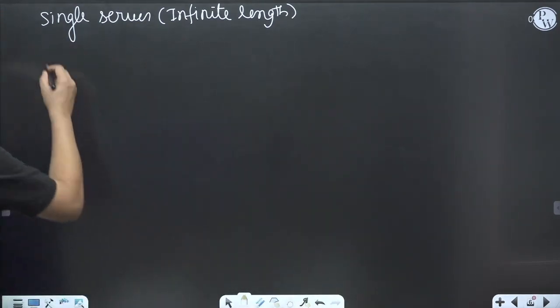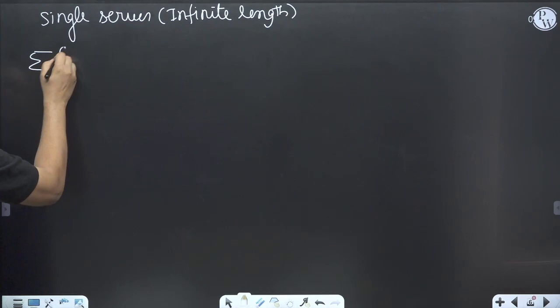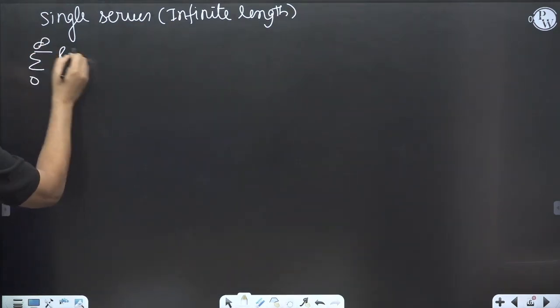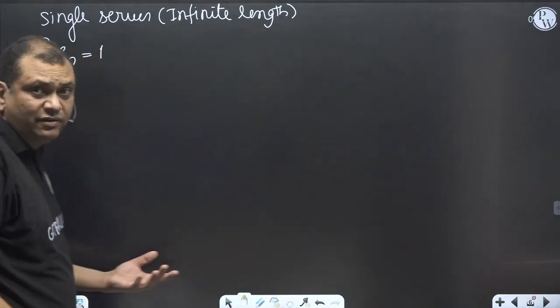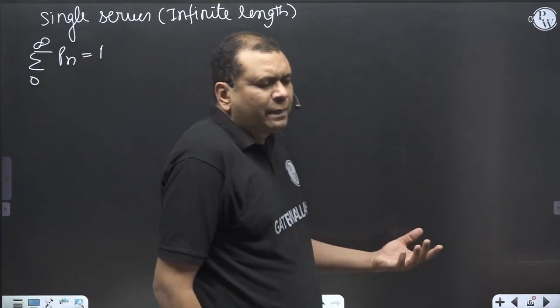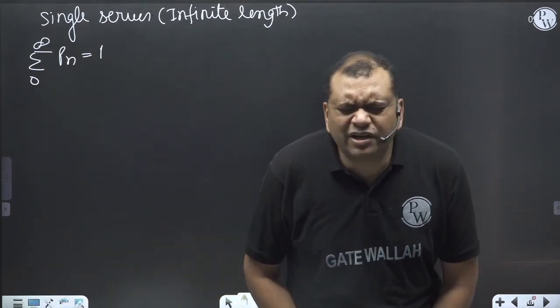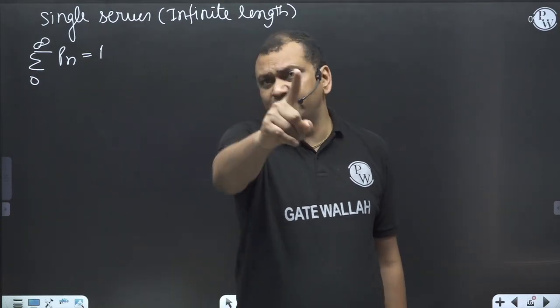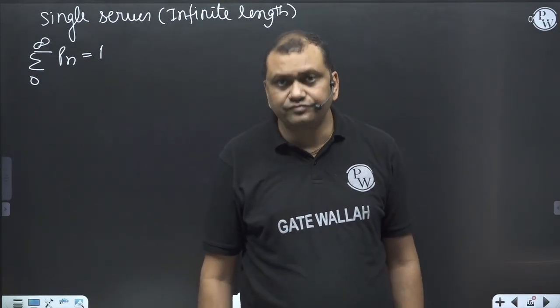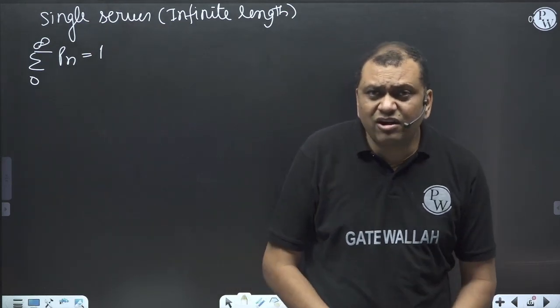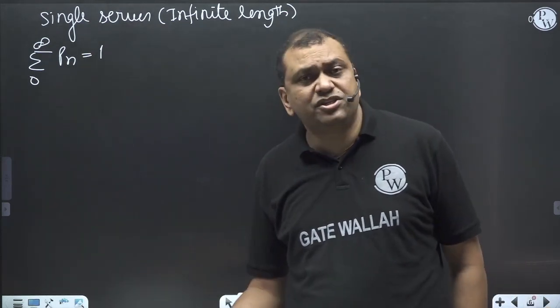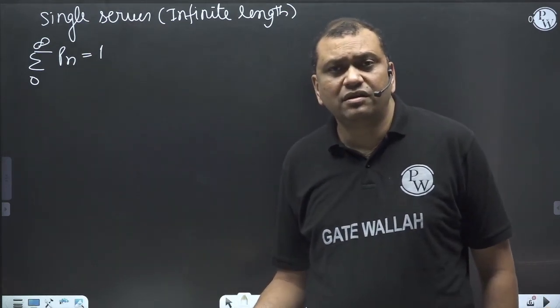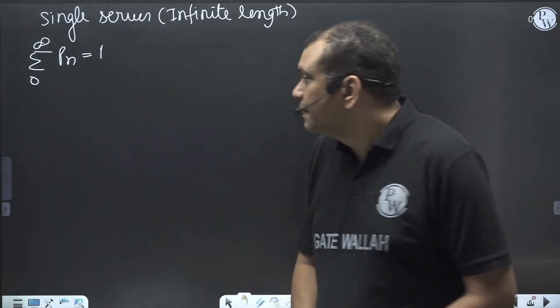Now, for probability, can I say summation Pn from 0 to infinity should be equal to 1? The summation of the probability of all permutations and combinations should be equal to 1.